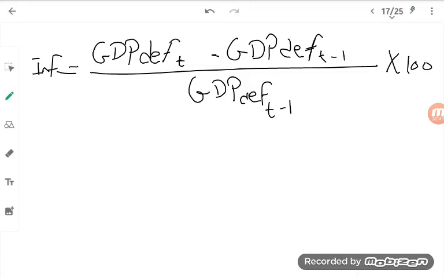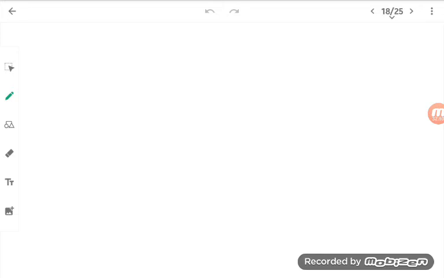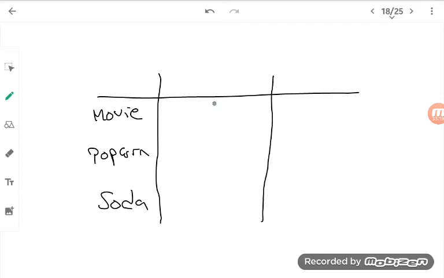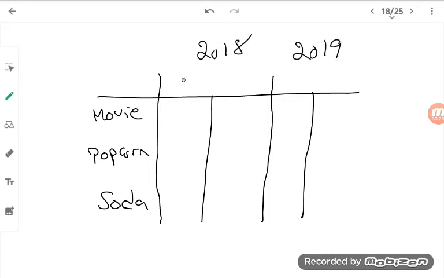Okay, general problem. If you are given the following data: three different products, movie ticket for example, popcorn, and soda drinks, for 2 different years, 2018 and 2019, and this is the quantity and the price of each one of them.